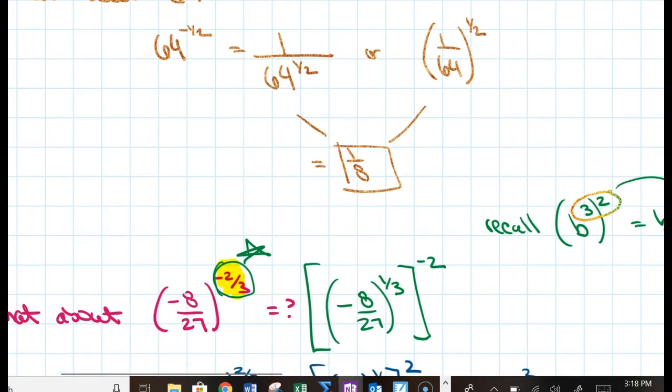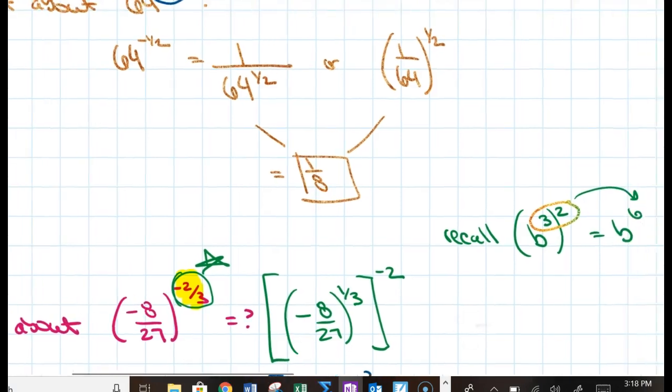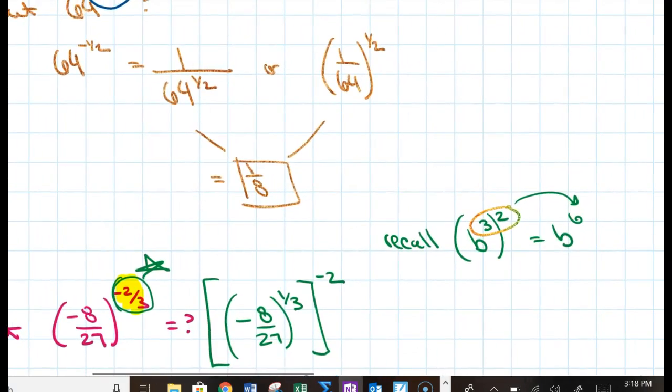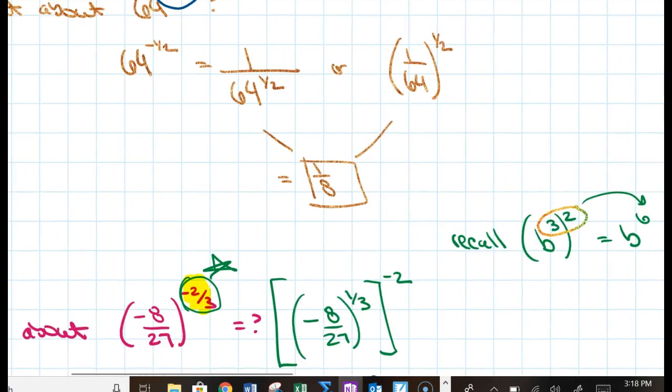A power to a power, the power of 1/3 to a power of negative 2, if I apply this rule of exponents, 1/3 times negative 2 does equal negative 2/3. So this rewrite right here is 100% valid. It is equivalent to the original exponent of negative 2/3.